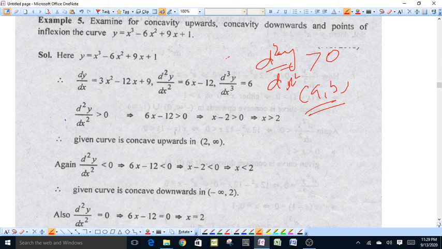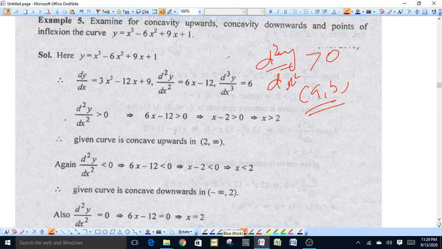And if there are some points for which the second order derivative of the curve is equal to 0 and the third order derivative of the curve is not equal to 0, then those points are known as points of inflection.